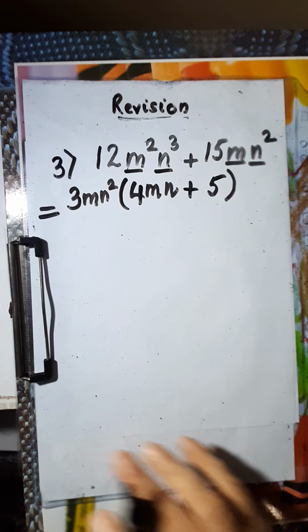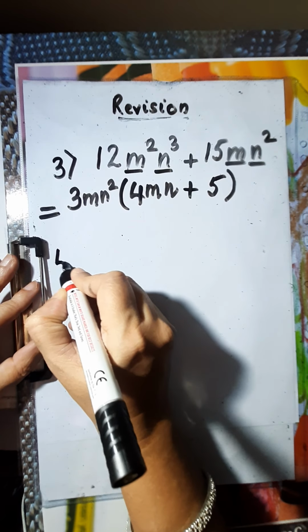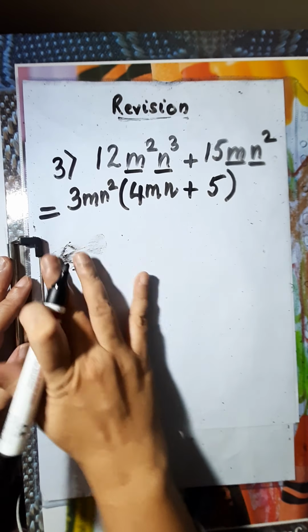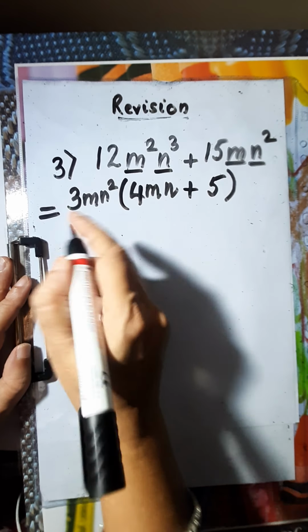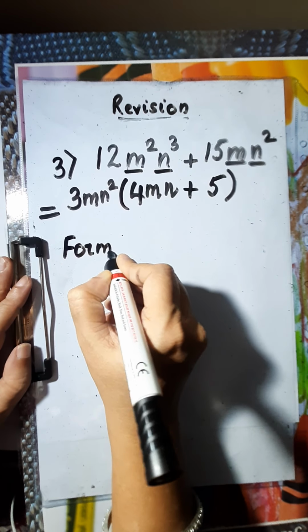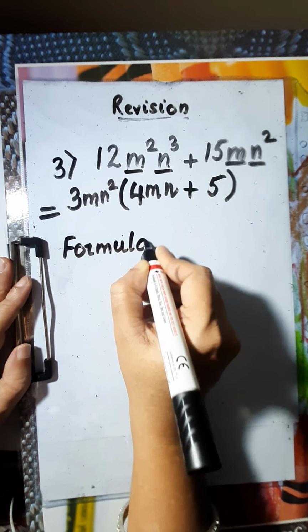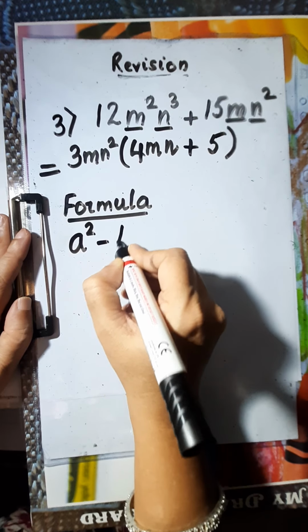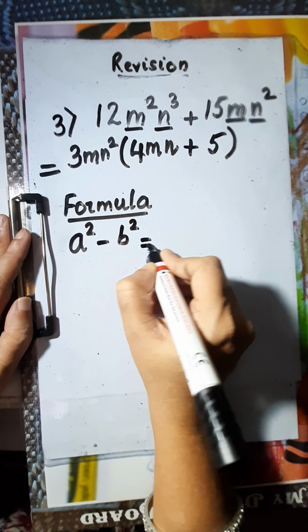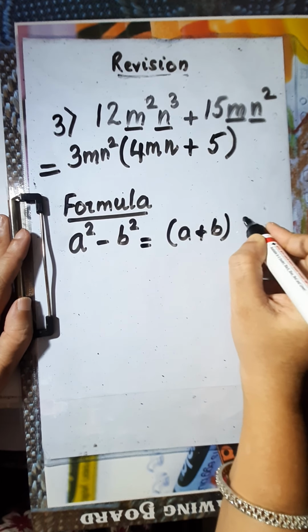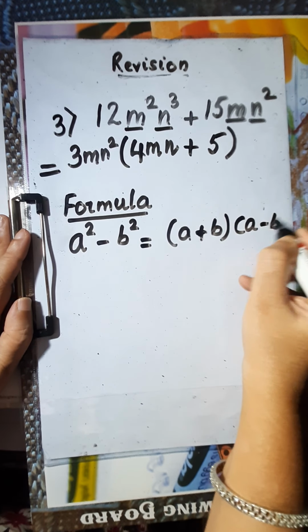Is that clear? Now see, the fourth sum in my revision is based on a formula which I have to remember. We did a cube plus b cubed and a cube minus b cubed, but we forgot the one we learnt in the 7th standard: a square minus b square equals a plus b, a minus b.